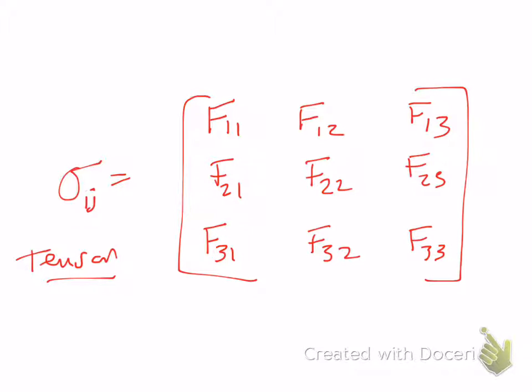And the important thing to note is this is not just a simple 3x3 matrix. Because the tensor is a type of matrix, but it's a special matrix that has this relationship that it's a magnitude in 2 directions. And so it will have special properties, and what we'll talk about on Thursday is that to keep it from spinning, we actually need to have these be equal and opposite.